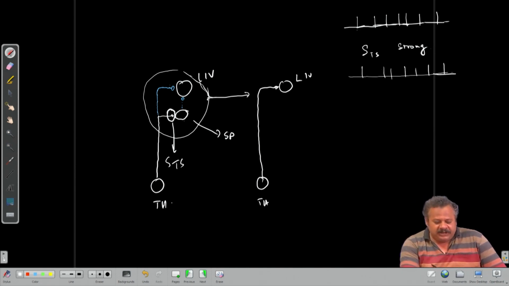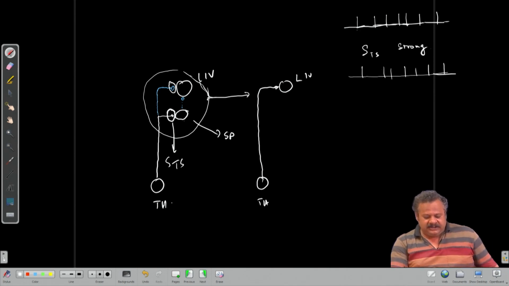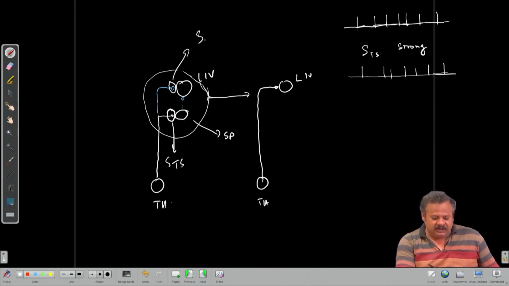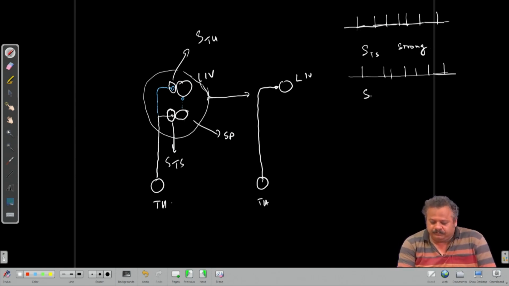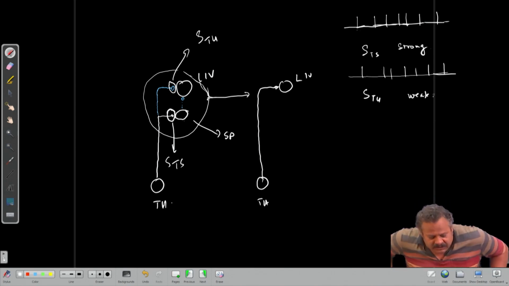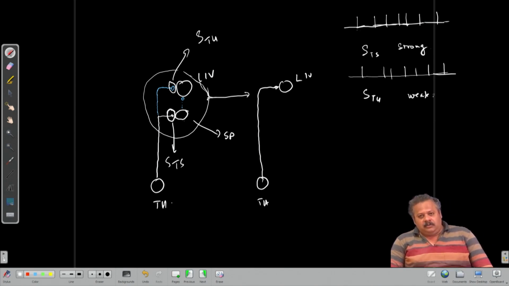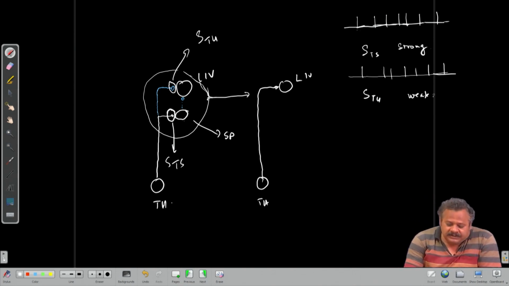Now, the blue synapse, let us call it synapse T4, is weak. So it is not able to drive the layer 4 neuron initially. Because the thalamus to subplate synapse is strong, the subplate neuron is firing action potentials, and if the subplate to layer 4 synapse, let us call it S4, is strong, it will make the layer 4 neuron fire action potentials.